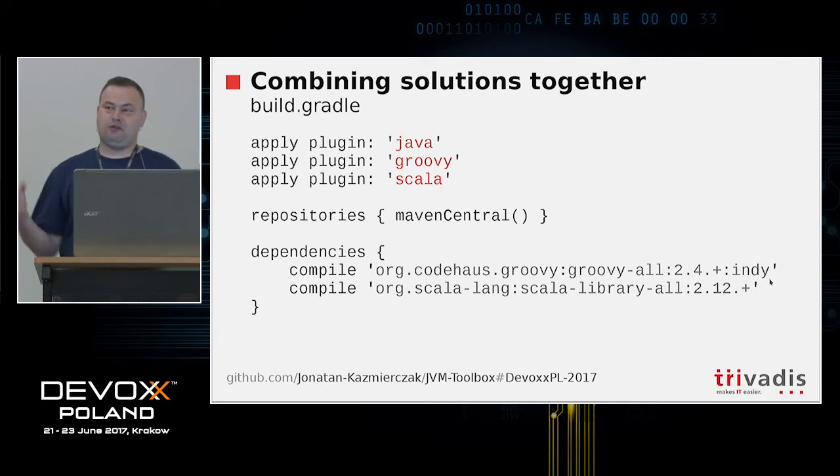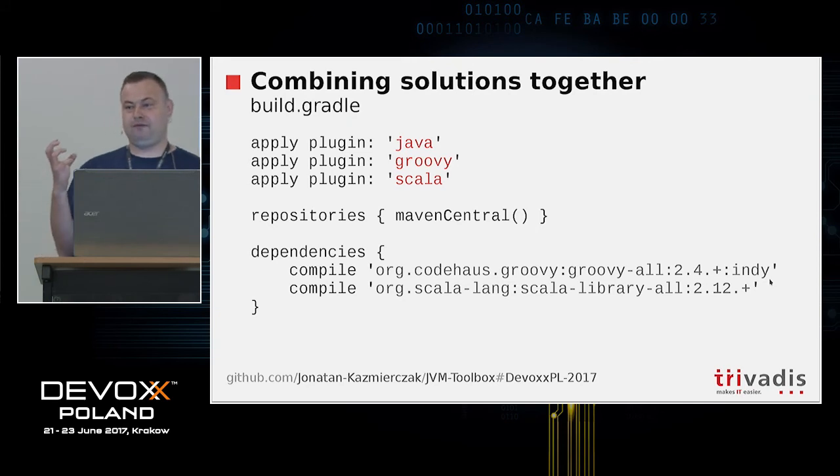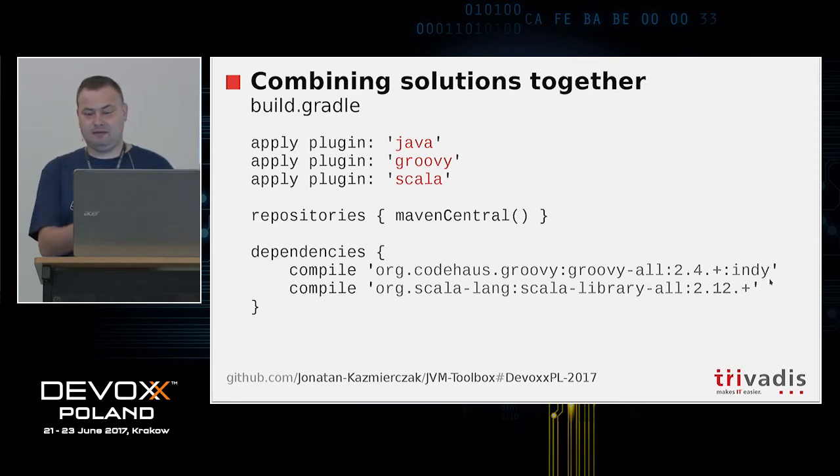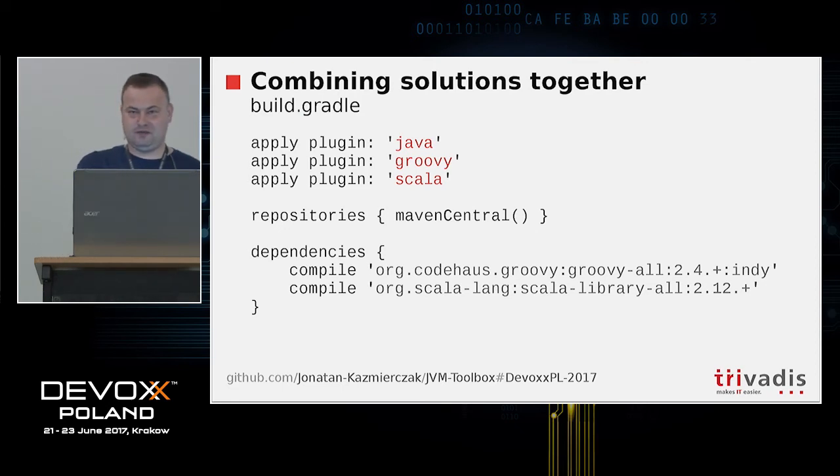It gives you a version of Groovy which is compiled with use of invokedynamic. And that's the one which we are using here. There is a difference in performance if you decide to not include this indy. And then Scala. And yes, we are always using the newest version here for Groovy and Scala.